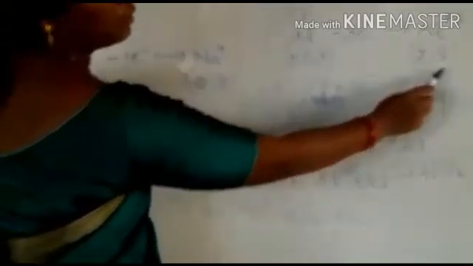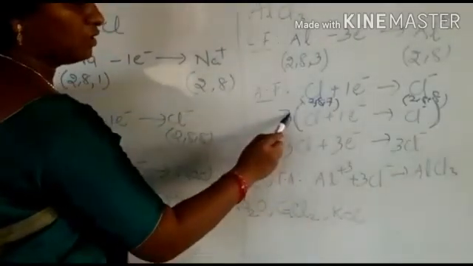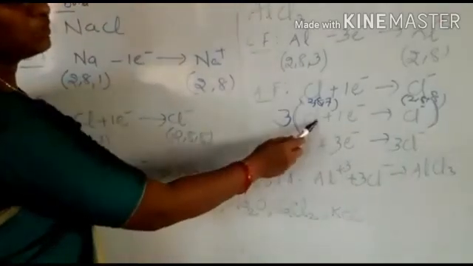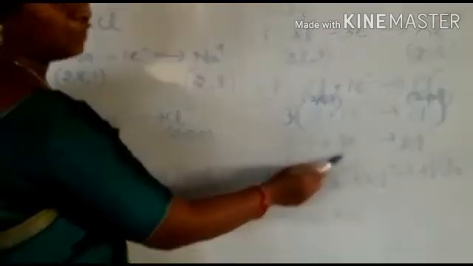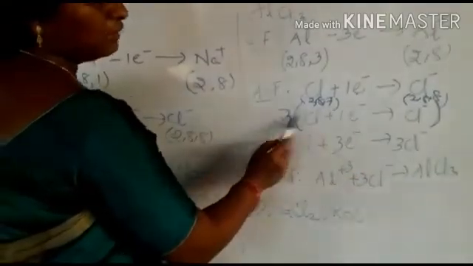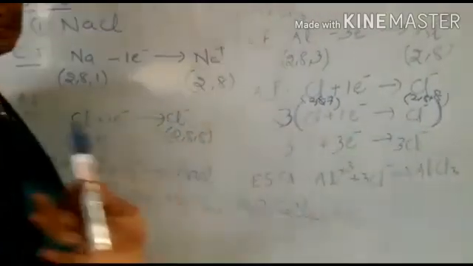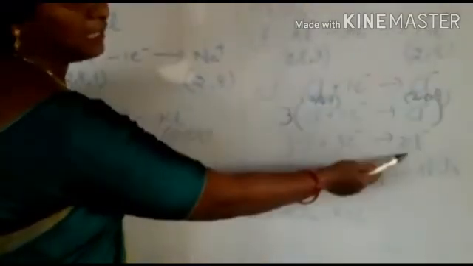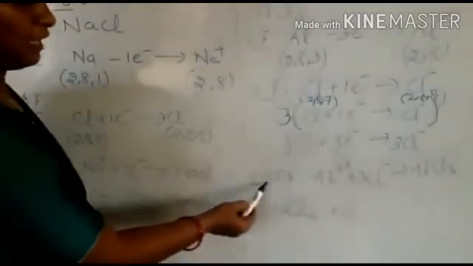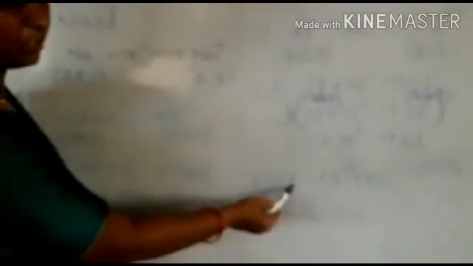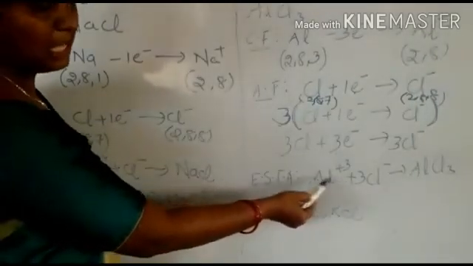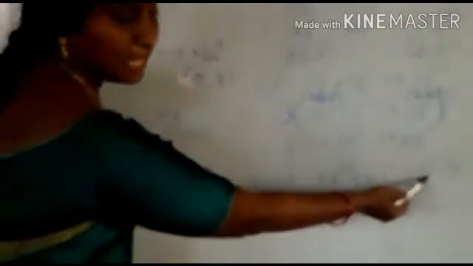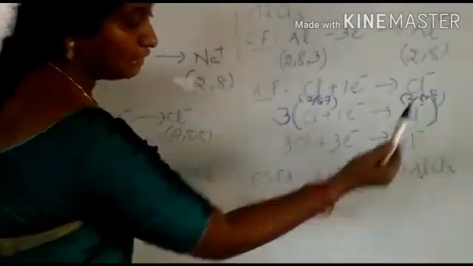For that, we simply multiply the whole equation by 3. So 3 Cl plus 3 electrons gives 3 Cl minus. Now the cation Al3+ is formed and 3 anions, 3 Cl minus, are formed, and the electrostatic force of attraction between Al3+ and the 3 chloride ions forms the ionic compound AlCl3.